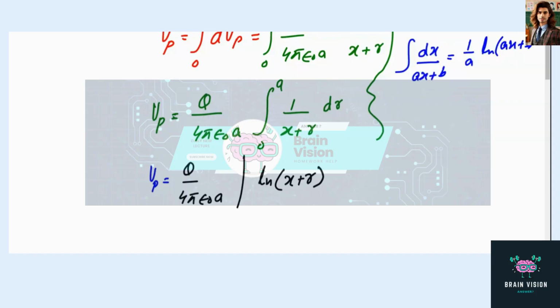Here the coefficient of x is 1 and here limits are from 0 to a.